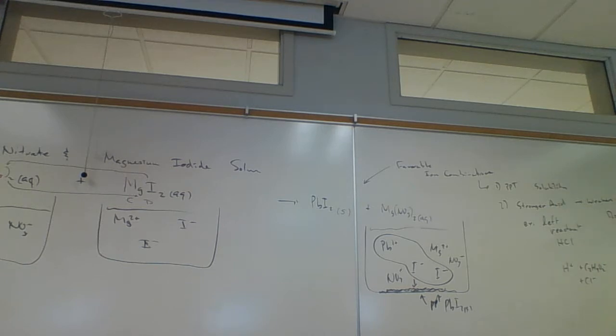All right, and then three, there are some things that form gases or decomposition. Your book calls it decomposition. Your book calls this formation of water or weak electrolyte. Gas formation would be like this. Hydrogen ions like carbonate ions. If we have hydrogen ions and carbonate ions, these are going to combine to form H2CO3.